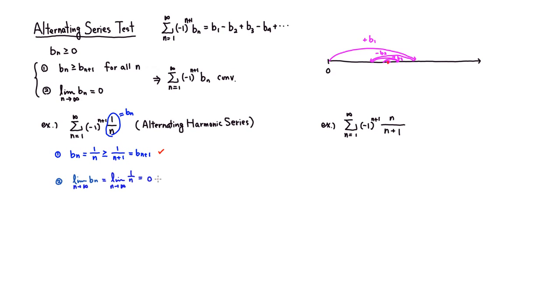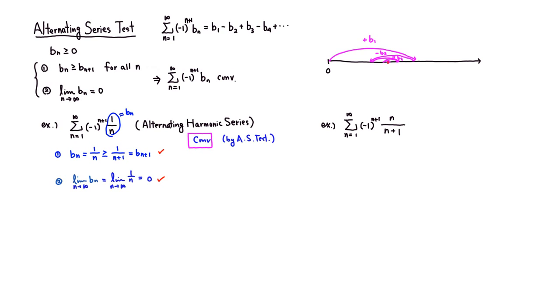So the second condition is satisfied, and we know that this alternating harmonic series is convergent by the alternating series test. That's the conclusion here. We know that the original harmonic series is divergent, but the alternating harmonic series is convergent.